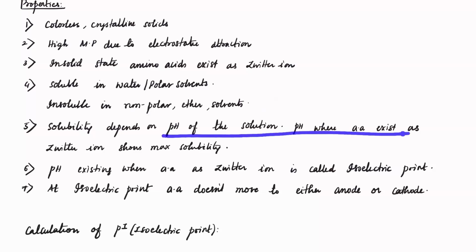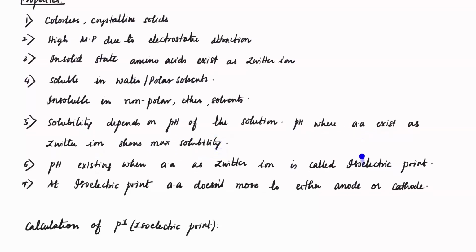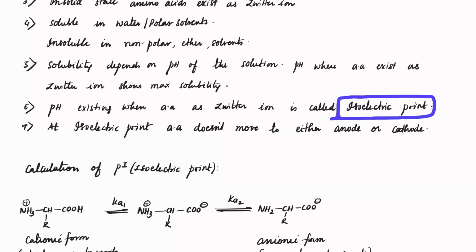Solubility depends upon the pH, where amino acids existing as a Zwitter ion show the maximum solubility. Remember that if the composition of the amino acid is mainly in the form of Zwitter ion, then we say the pH of the solution is the isoelectric point.